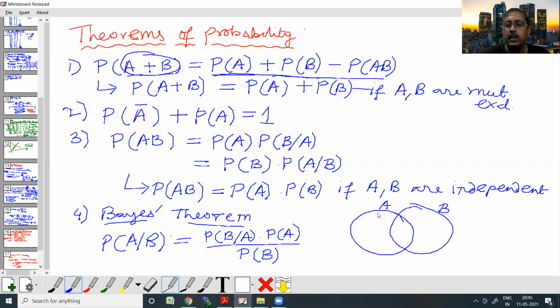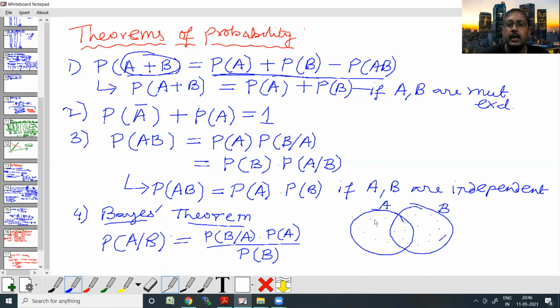So if the outcomes of A are being shown as a part of this circle A, and the outcomes which are common to B are shown as this ones, right? This B. Now, the probability of A or B, so either A or B, right?